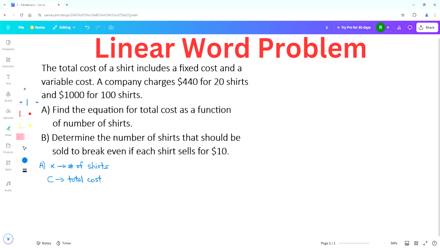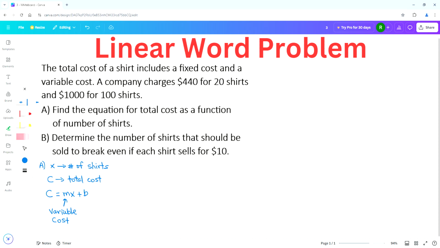The linear function can be written as C = mx + b. In this equation, m represents the slope of the graph or the variable cost for the shirt. b represents the initial value or the y-intercept.